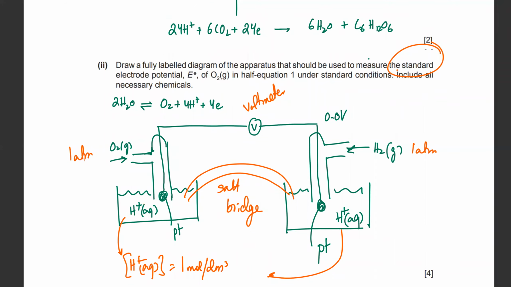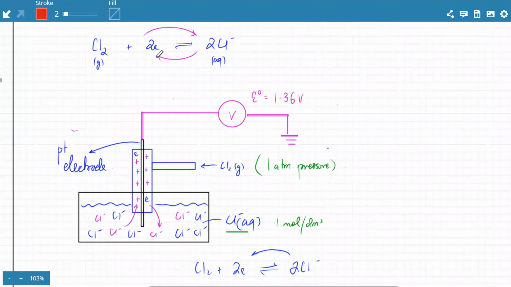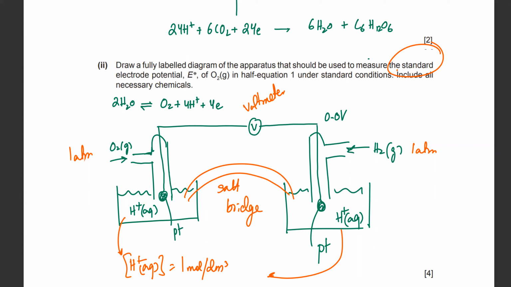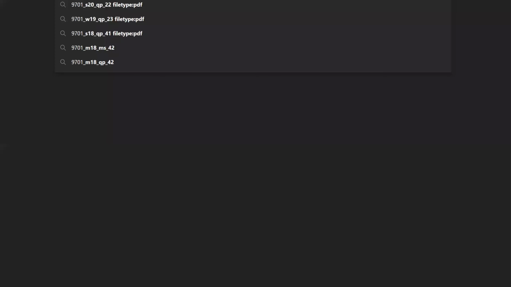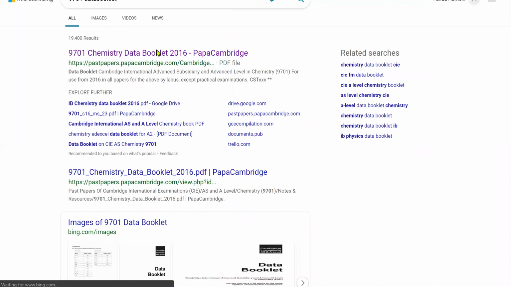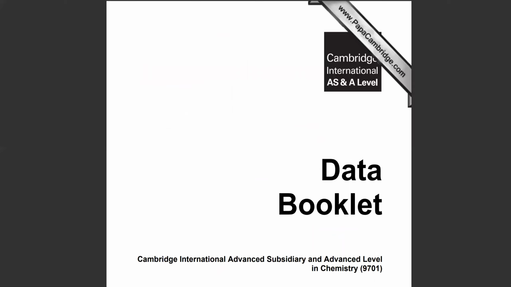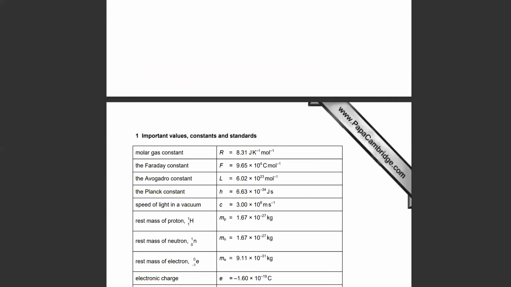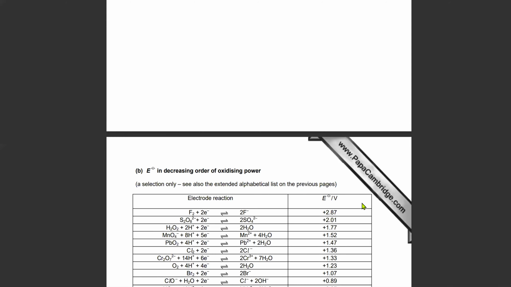Let me find that in the data booklet. It's 2H2O and O2 and 4H plus 1.